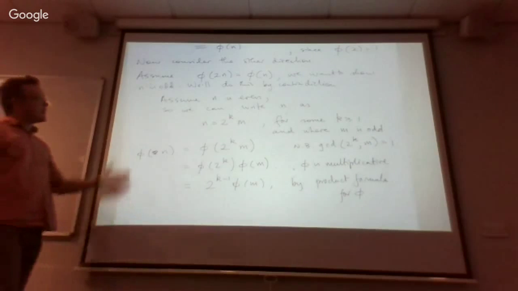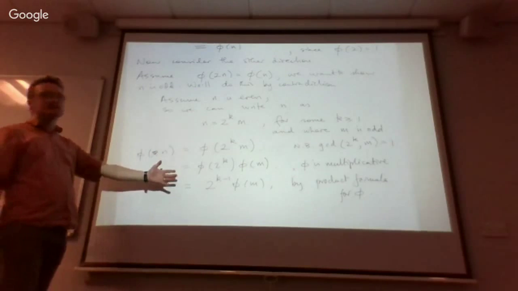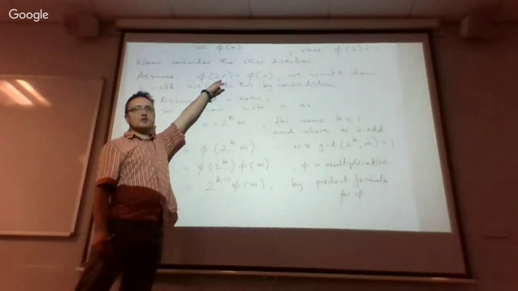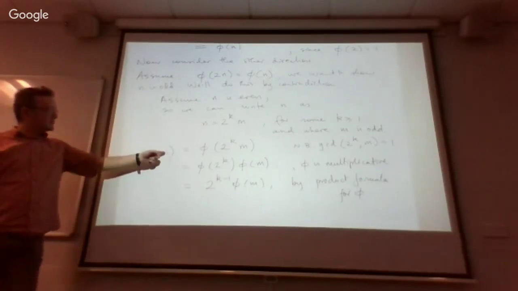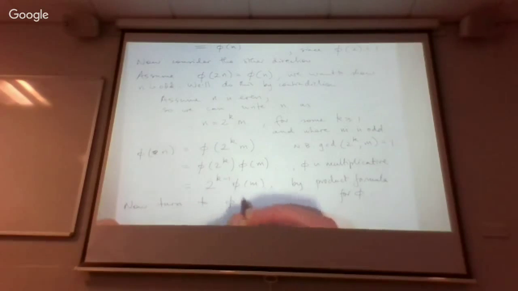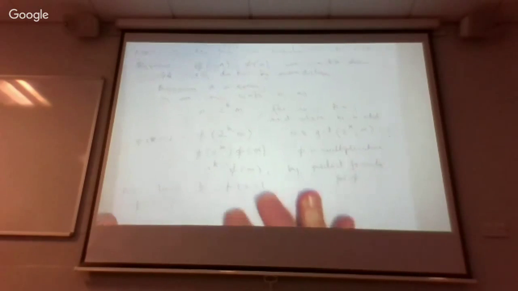And just remember where we are. We're within a little proof by contradiction. We're trying to get a contradiction out. We're trying to contradict this earlier assumption that phi of 2n is equal to phi of n. Well, here's our expression for phi of n, so we should try and get a similar expression for phi of 2 times n. So now turn to phi of 2 times n.